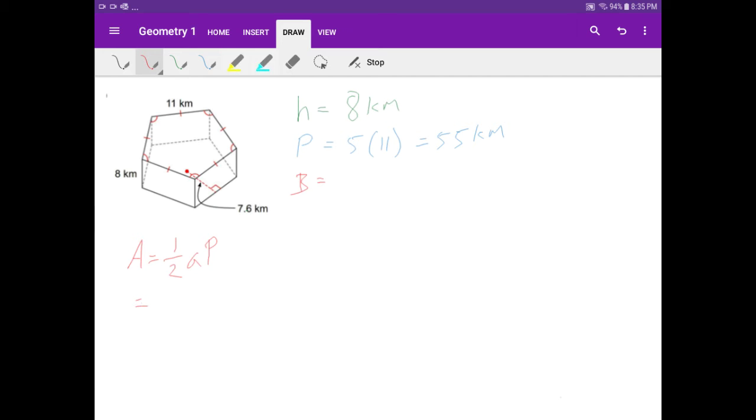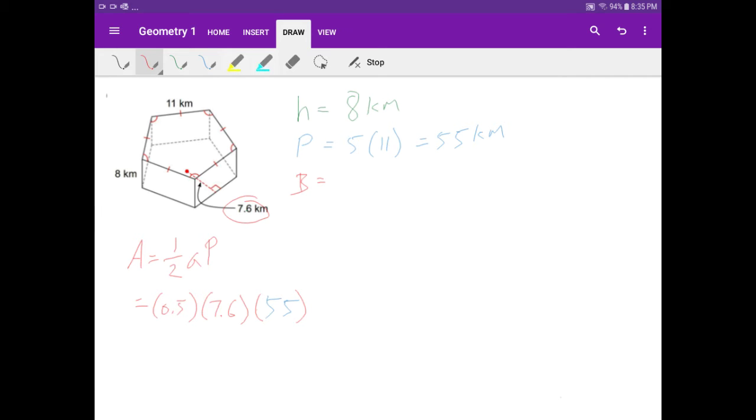You can use 1/2 or you can use 0.5, they're the same thing. Your apothem is right here, so 7.6, and then perimeter is 55, which we found earlier. So the blue one up there.